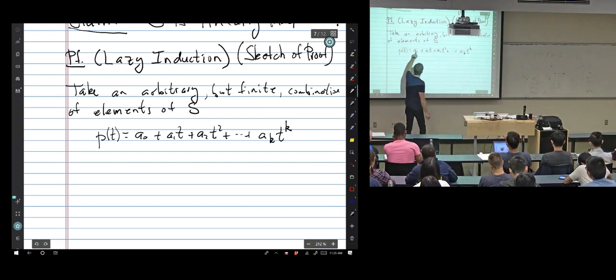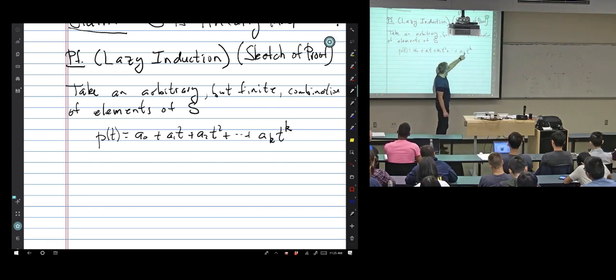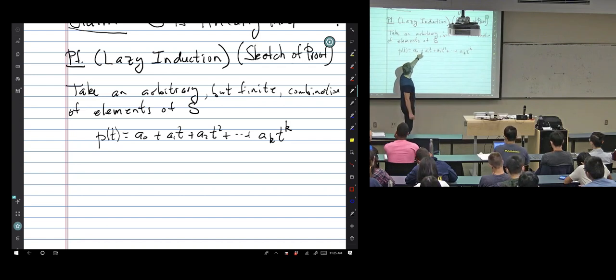If you want to put alphas here, go for it. So these are just real numbers, and these are vectors.